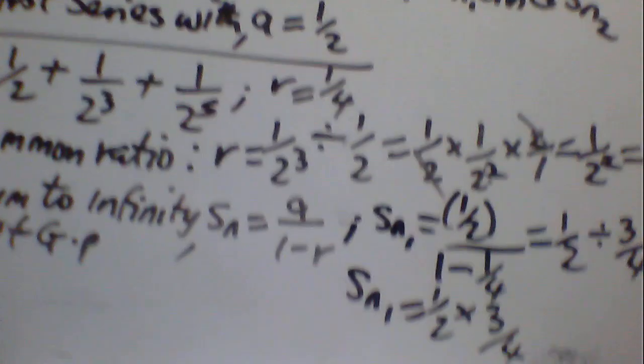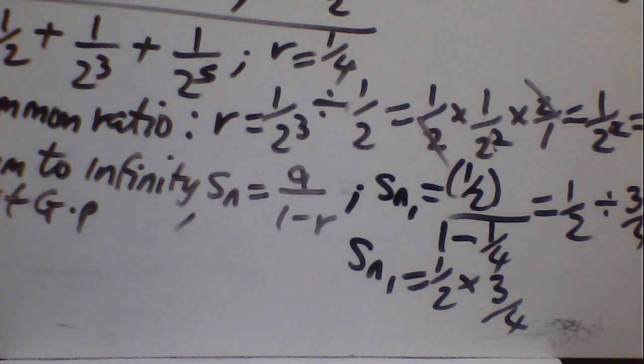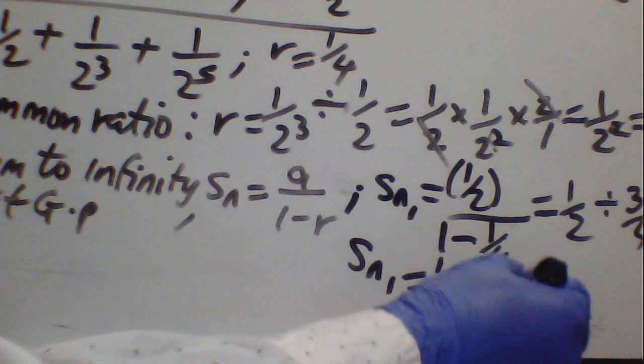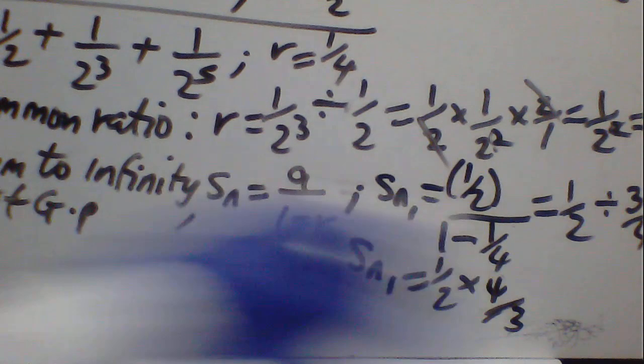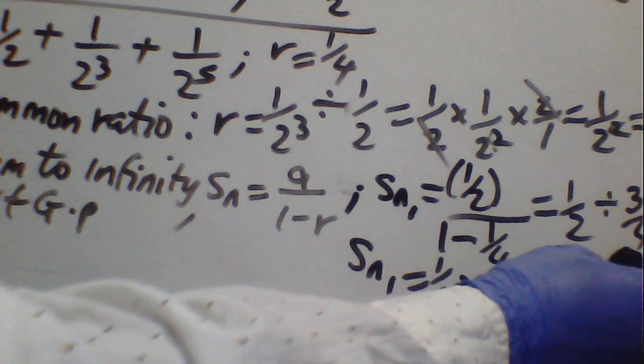Multiplying by the reciprocal, you have 4 over 3, the reciprocal of the second fraction, and this will give us 2 over 3.